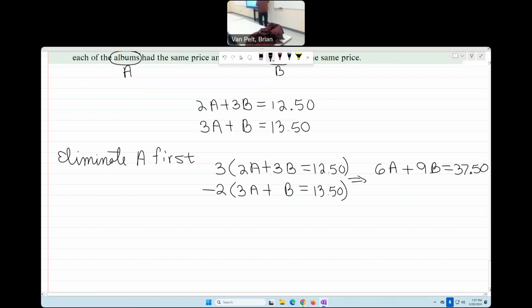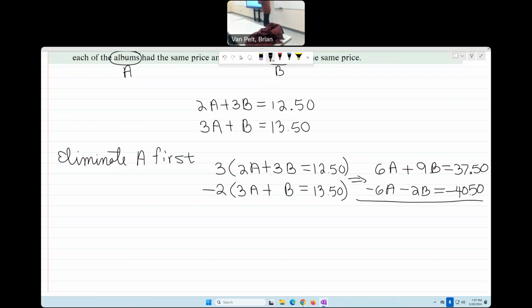The other one becomes -6A minus 2B equals -40.50. Let me add these two together.